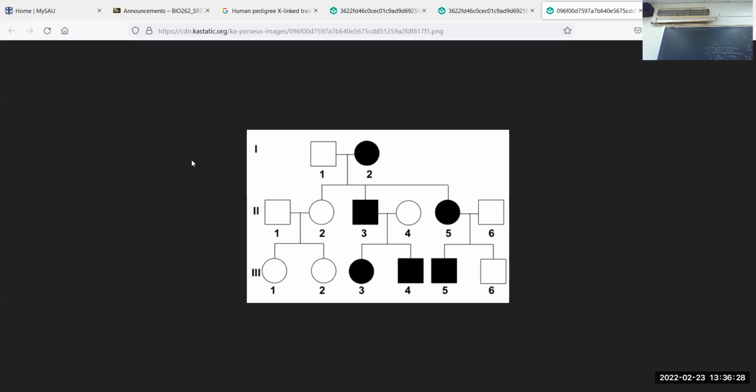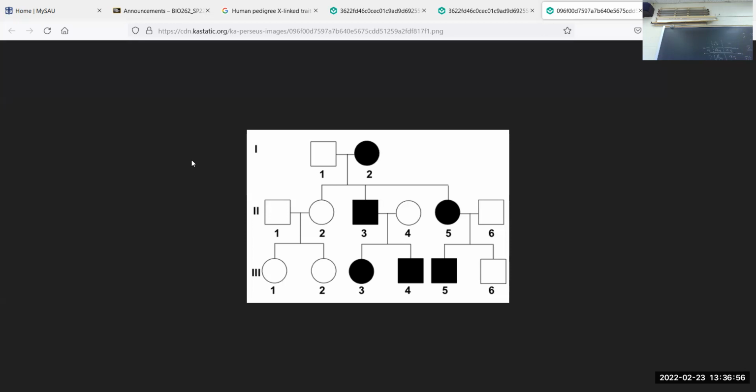So if that's the case, then we would expect half of them to be affected, and it turns out they have 2 kids. All of them are affected. So that means this one would be this, and this one would be this. That's 3, and that's 4. And then over here, we'd have to have essentially the same situation, because number 5 over here is affected.